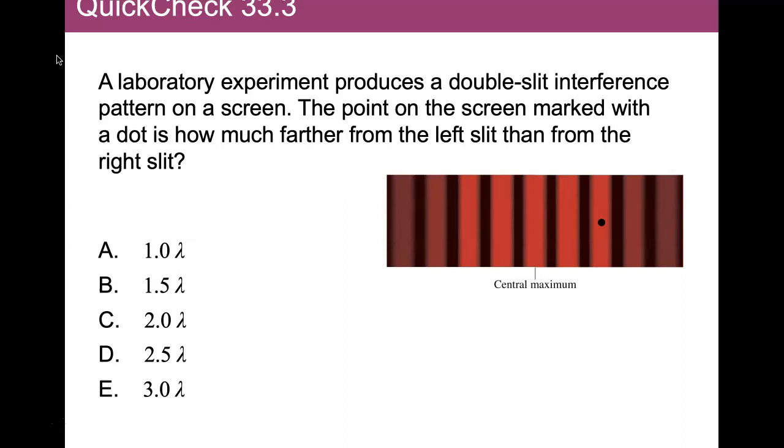So what is delta r? What is the difference between the distances from that point to the two slits? Here we have the central maximum, so for that delta r is 0. Then the next bright fringe has delta r equal lambda. This point is in the middle of the next one, so delta r must be equal to 2 lambda.